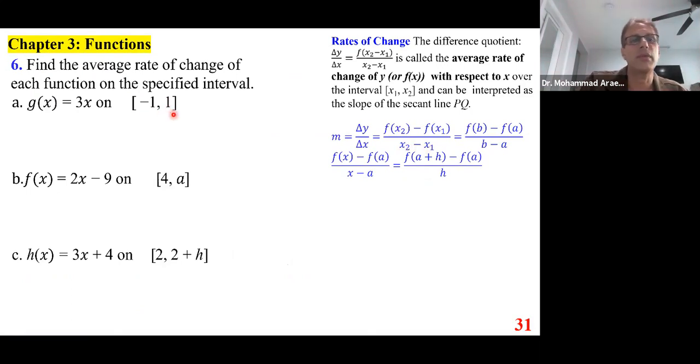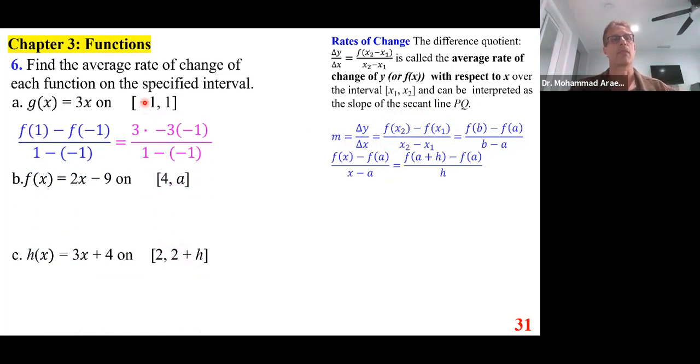We are going from x equals negative 1 to x equals positive 1. That's the meaning of it. Therefore, with this being the case, f of 1 minus f of negative 1 over x sub 2, which is 1, minus x sub 1, which is negative 1.